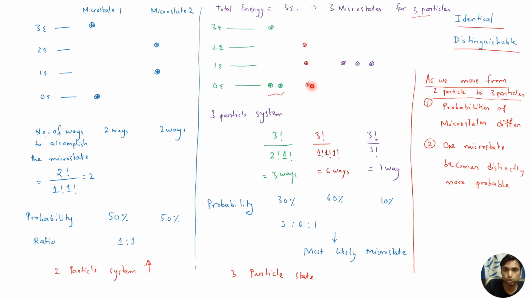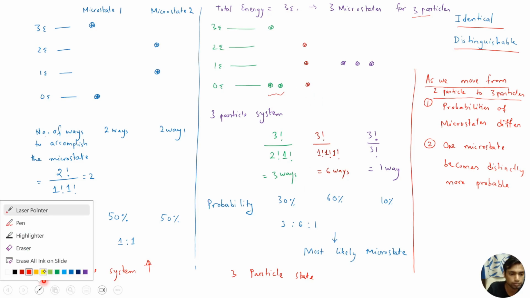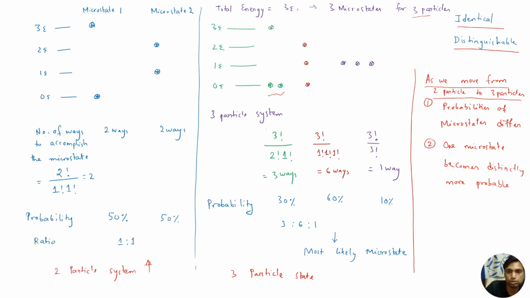So for example here, imagine 3 particles, and you can think of it as 3 boxes, 1 2 3. How it can be 6 ways is because one way is you put particle 1 here, particle 2 here, particle 3 here.